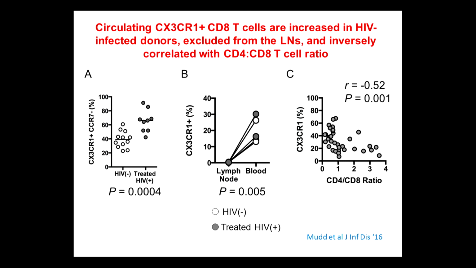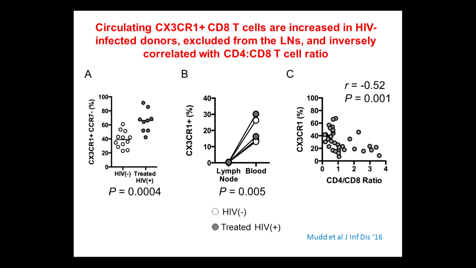And their frequency is related to the CD4 CD8 T cell ratio, such that the lower the CD4 CD8 T cell ratio, the higher the proportion of CD8 T cells that are CX3CR1 positive. And we know that this low CD4 CD8 ratio is linked to a greater risk of cardiovascular disease. So we're having some inferences here that suggest that they may be linked at some level, or at least correlated at some level.